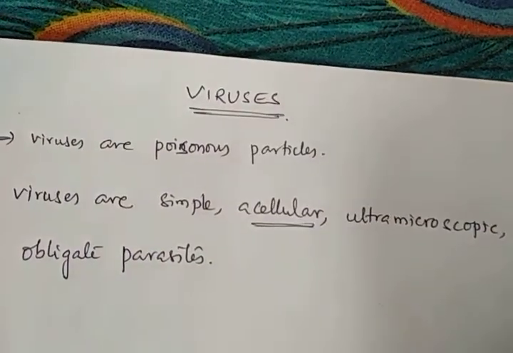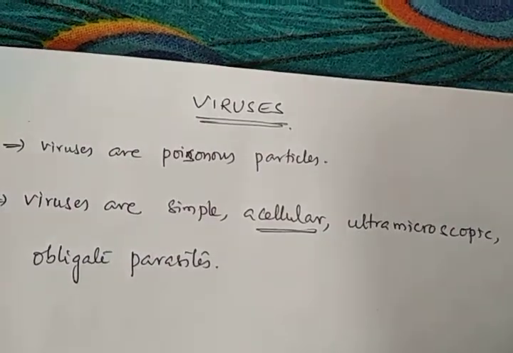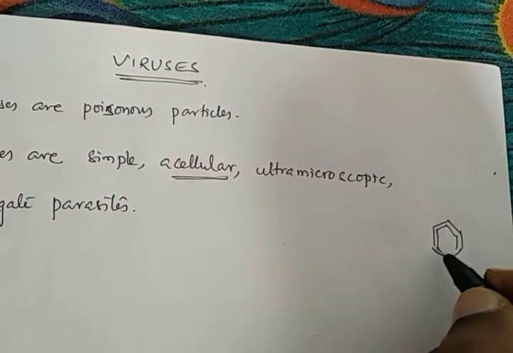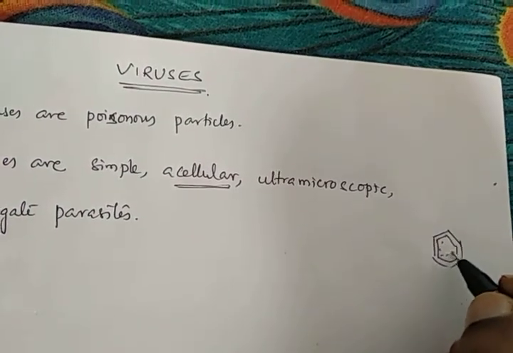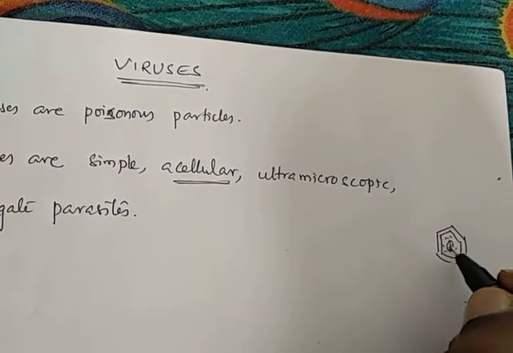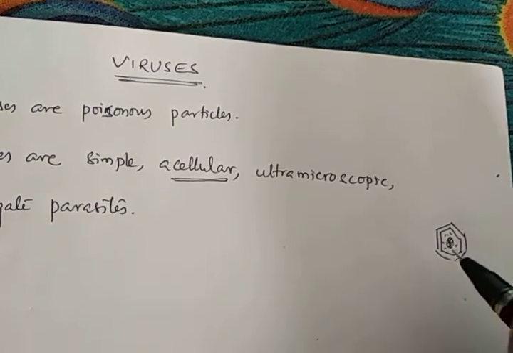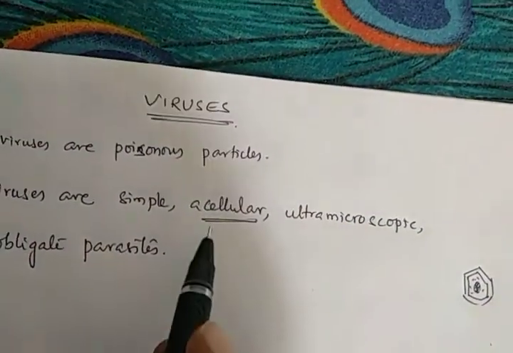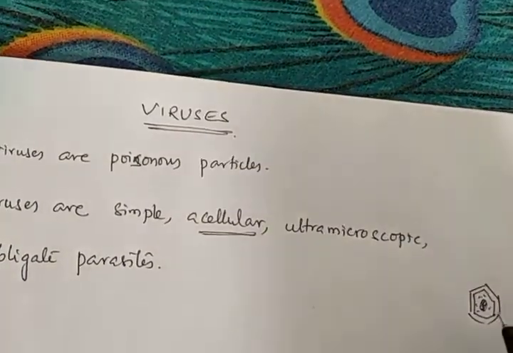For example, a cell means it should consist of the cell wall, and after that plasma membrane, then cytoplasm, nucleus. In that nucleus genetic material should be present. This is the structure of a cell. But here the viruses do not show the cellular structure.